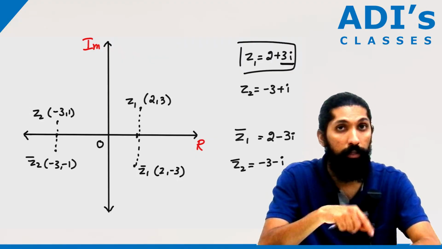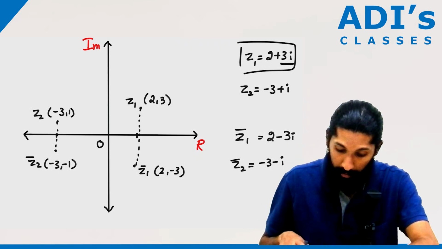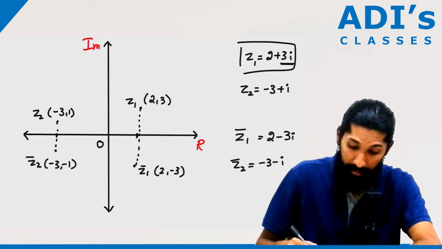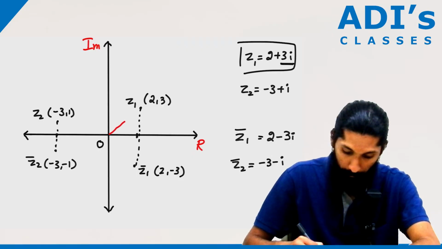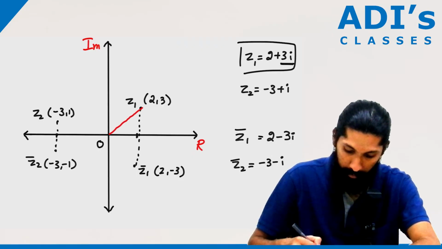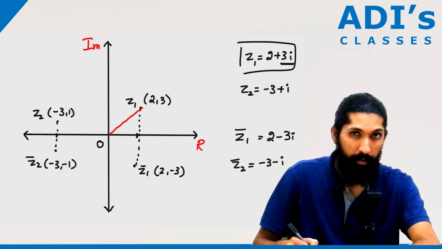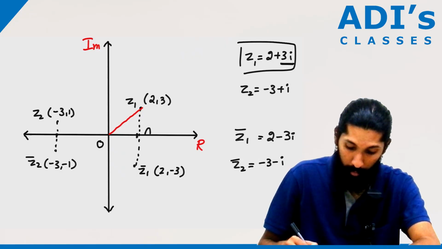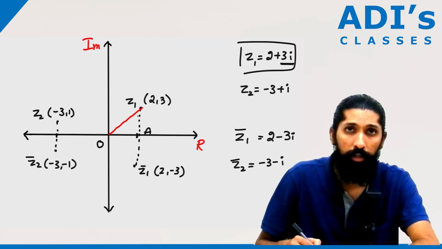Now the second parameter was modulus, correct? To understand modulus, again in the same figure, from point O to point z1, say you join a line. Now do you see that small right angle triangle, the red color one? So that is OZ1, and this point is A. So OAZ1, see that triangle? What is the hypotenuse of the triangle?